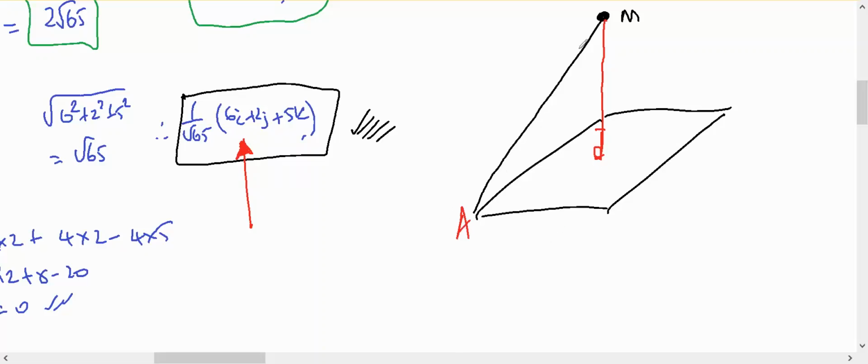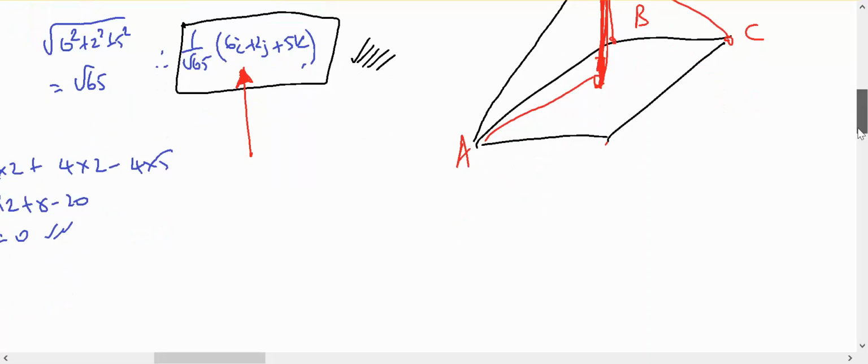So if I take AM and I find the scalar resolute in the direction of this, that's going to tell me the height. Or I could take BM, or CM, or DM, it doesn't matter which one I do. I'm finding the height, and to find a scalar resolute, it's going to be A dot B over the magnitude of B. And that's the scalar resolute of A in the direction of B.